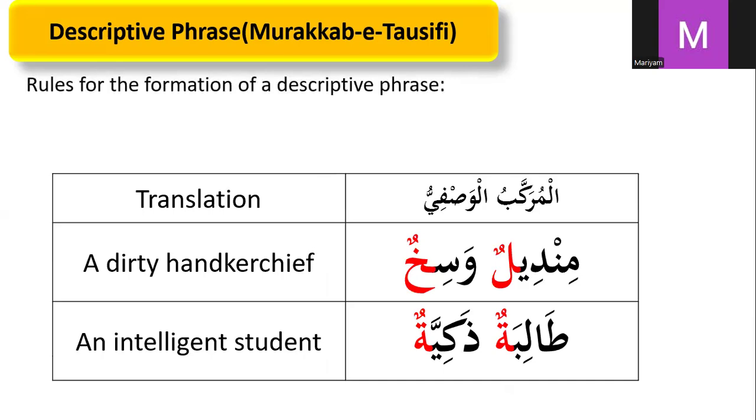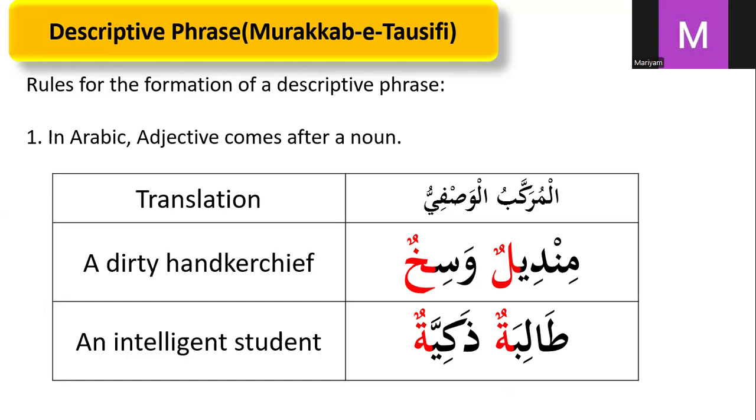Now we need to understand the rules of the descriptive phrase. The first one, which is very important in Arabic: when you construct a descriptive phrase, the adjective comes after the noun. So you need to take the noun first, and whatever pattern it has, you need to take the same pattern for the adjective.